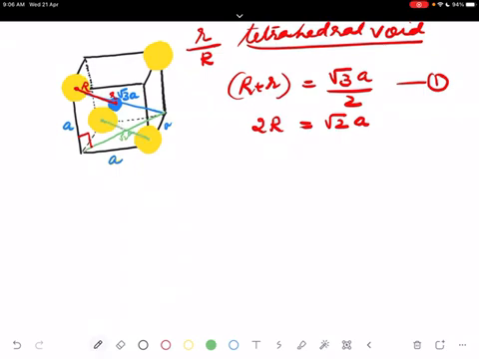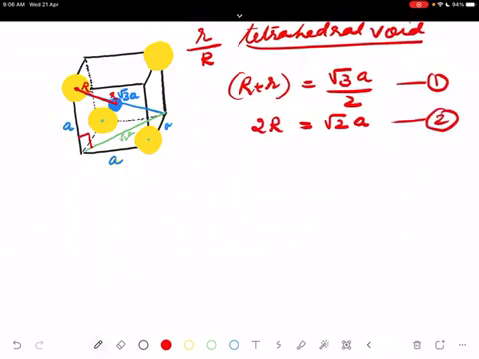This one is again root 2a only. So I am rubbing it off. Face diagonal is root 2a.